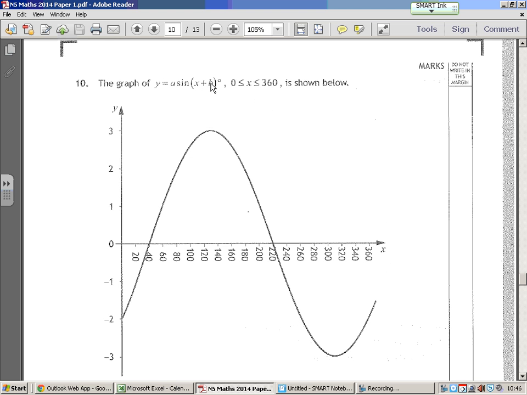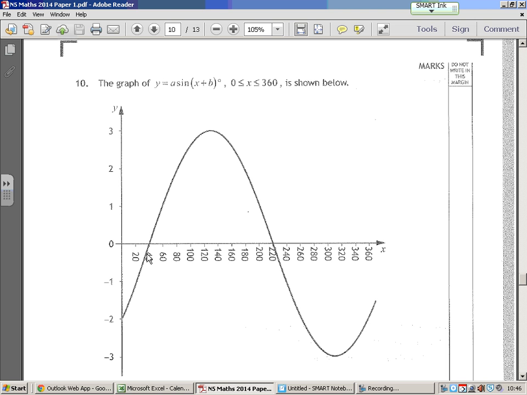This x plus b, anything next to the x or in a bracket, will be a horizontal shift. Normally it starts at 0, comes back down at 180, crossing the x-axis again, comes back up at 360. This has been moved along by 40.